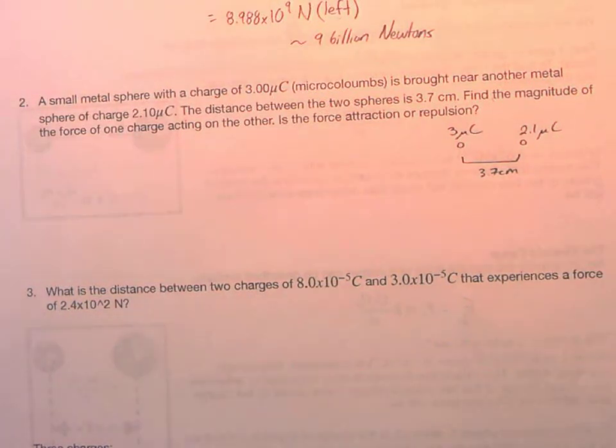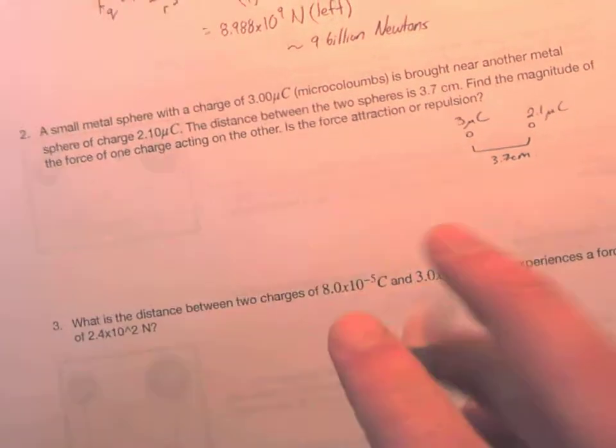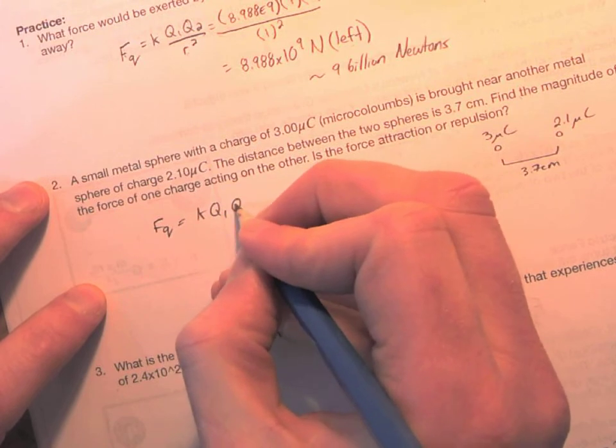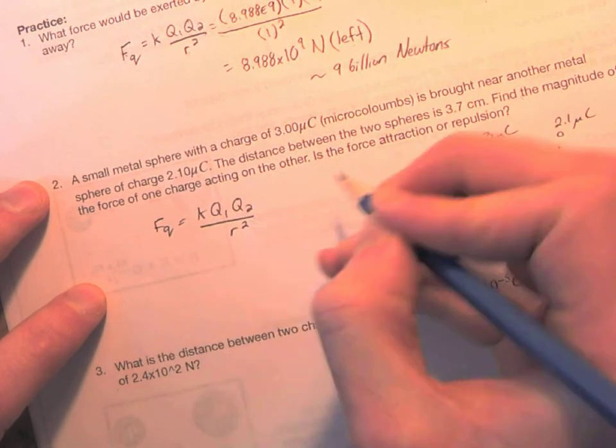They don't say what the charges are, so I'm going to assume they're both positive. Here we're going to use the same equation: FQ is KQ1Q2 over R squared.